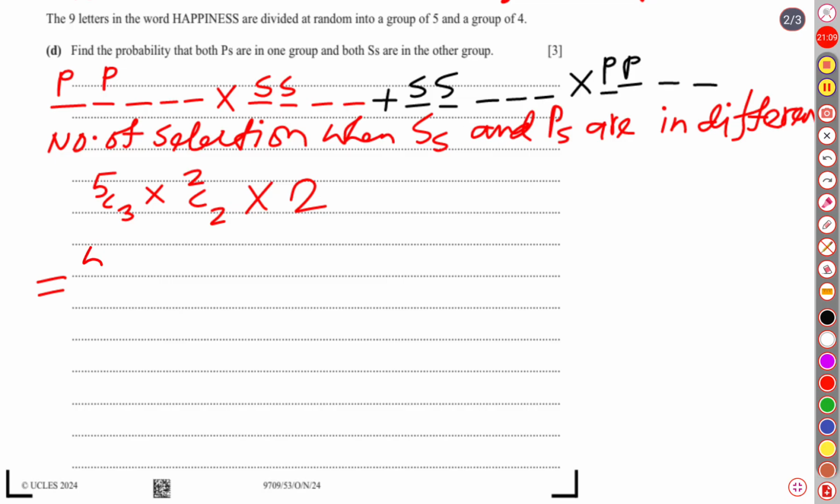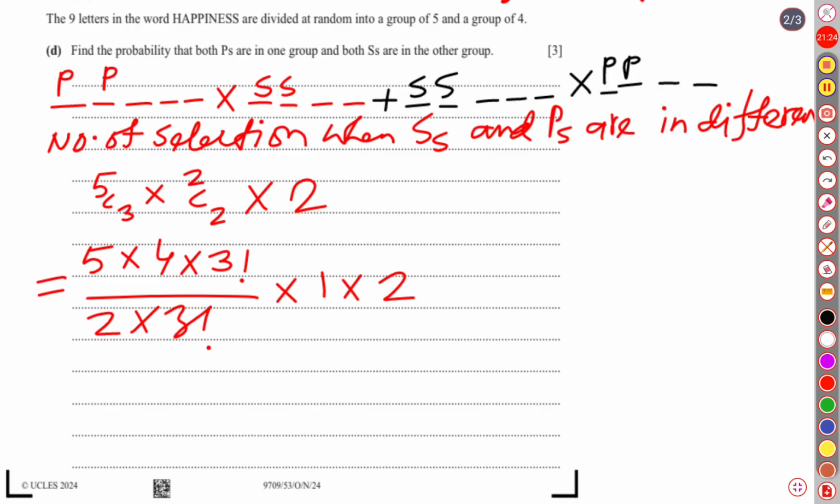It is going to be 5 factorial, 5 into 4 into 3 factorial ways, and the denominator is 2 into 3 factorial ways. 2 choose 2 means actually 1, so 1 into 2, and this 2 can cancel out the other 2. This 3 factorial can also be cancelled, so it is nothing but 20. Well, this is the number of selections with restriction.